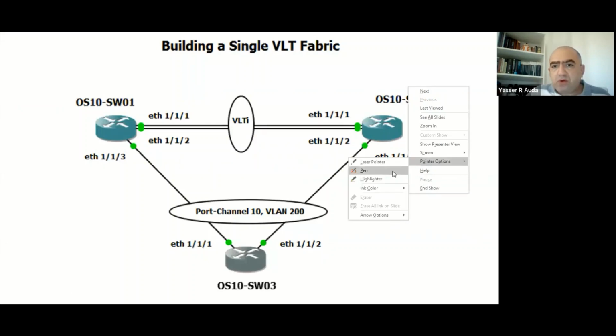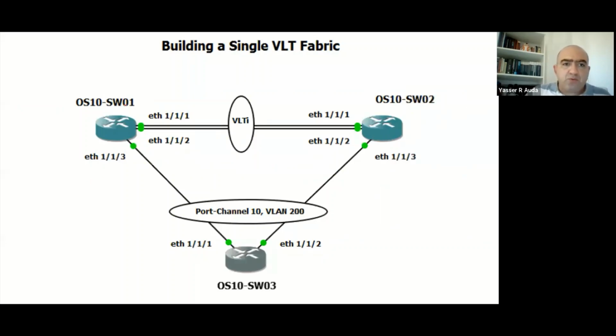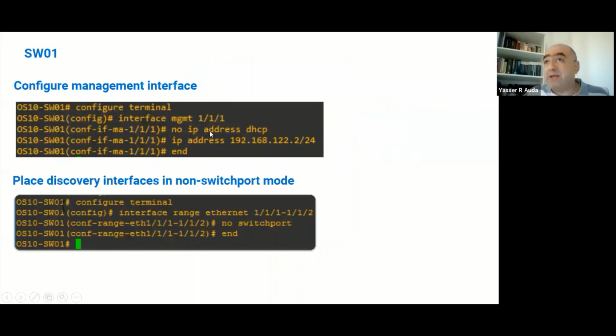Our management interface in switch 1 and switch 2 will be used to make them communicate with each other as a keepalive link or backup link. This is the name of it in VLT, backup link. So we are configuring the management interface here if it's not configured before, because we will use it as a backup link later.